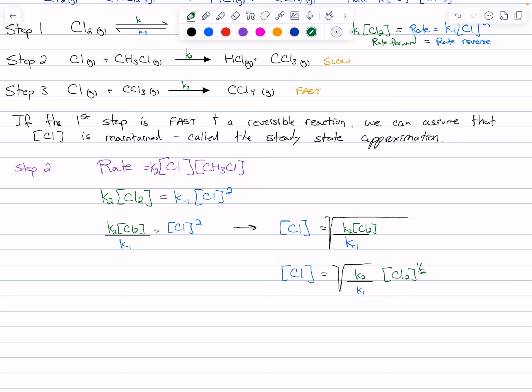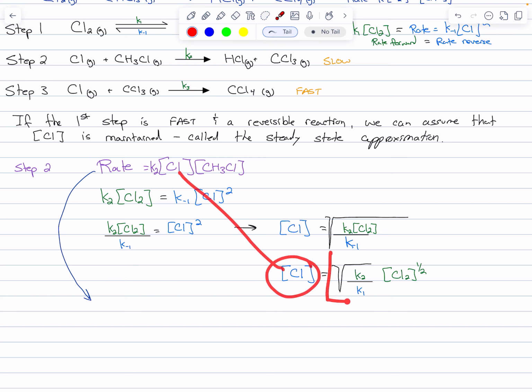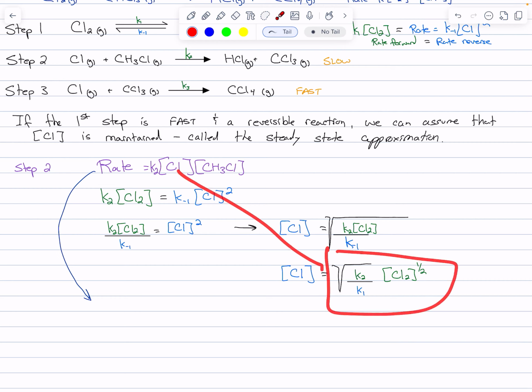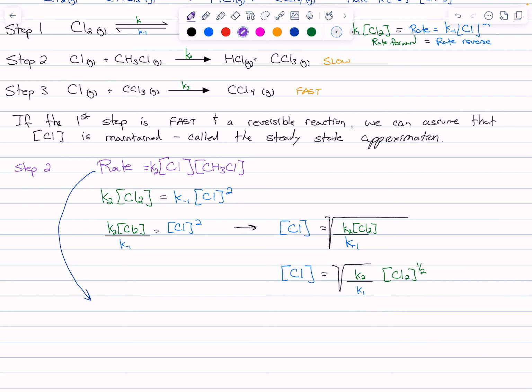Now, I'm going to substitute all this into my rate law. We come down here and substitute Cl in. I'm going to take all of this and put it in for Cl. So let's look at that.